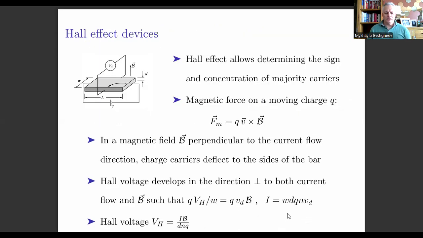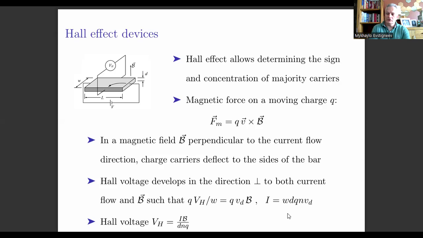All right, so finally, the last slide in this lecture describes the Hall effect. Hall effect is a standard procedure to determine both the sign and the concentration of majority carriers.